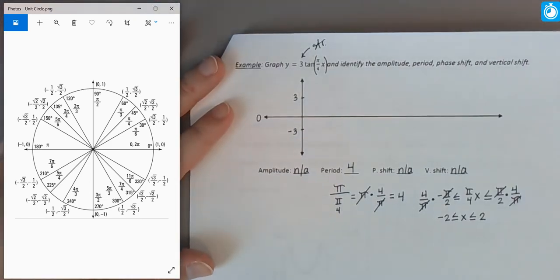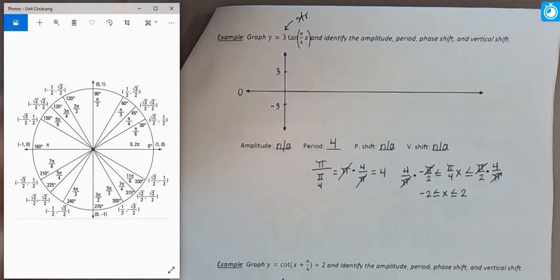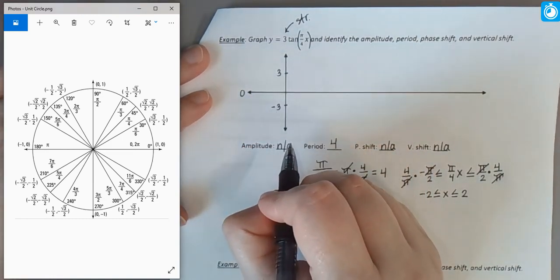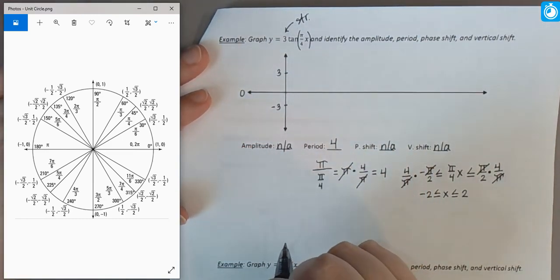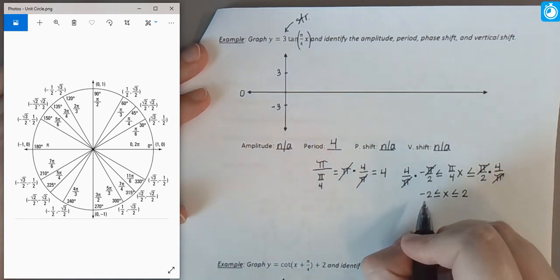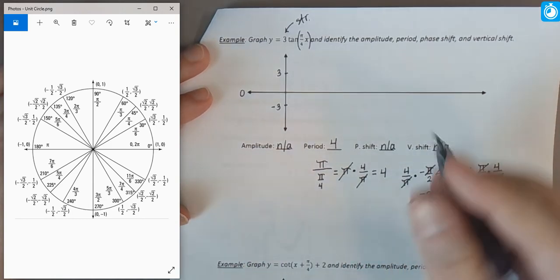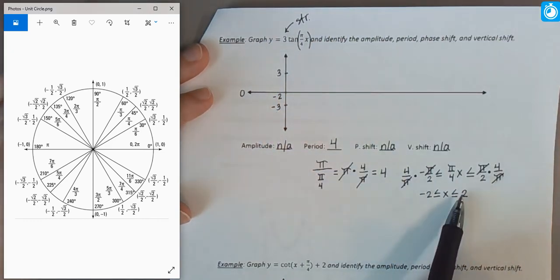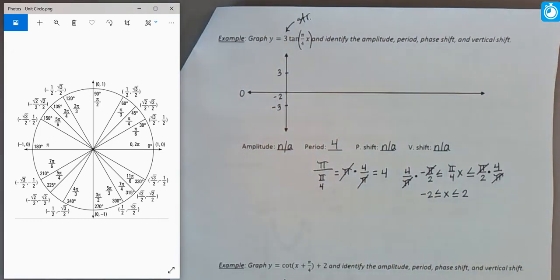Ultimately, it's up to you. It's all about labeling. Just make sure things are labeled, and then based on where your labels are, that's where you're going to graph. So just for the sake of being consistent with the other things we've graphed, I'm just going to start the cycle there on that vertical line, which in this case is no longer going to correspond to the y-axis. So the graph is going to start at negative 2, and then it's going to end at positive 2.